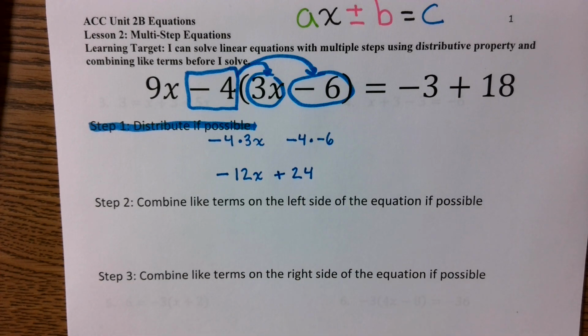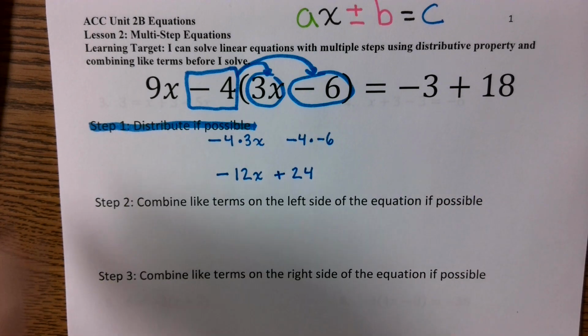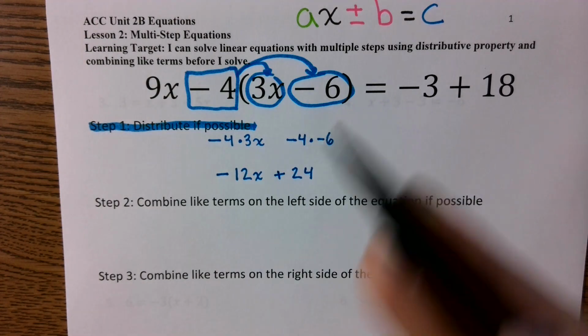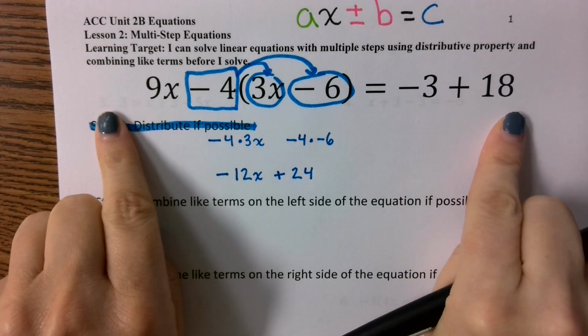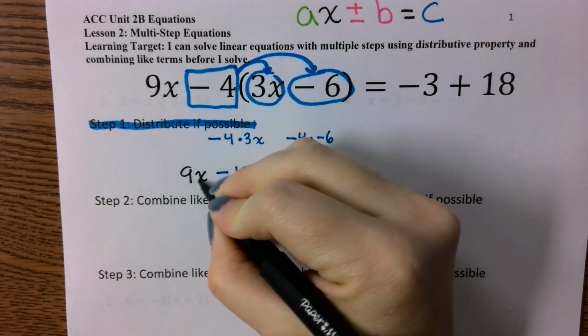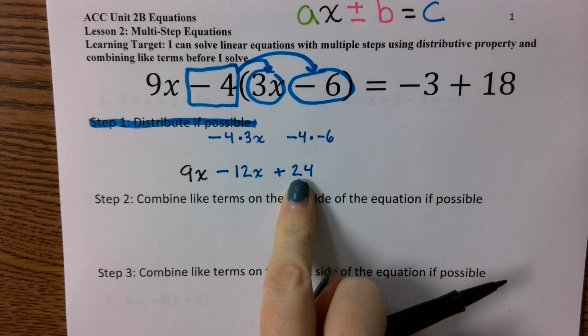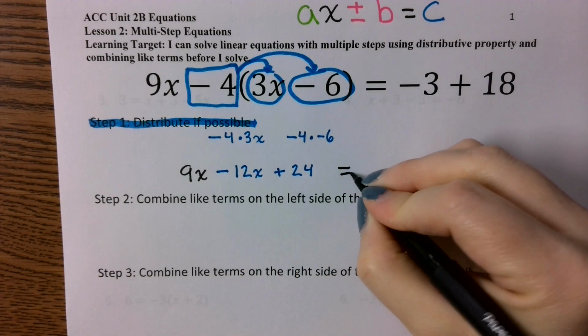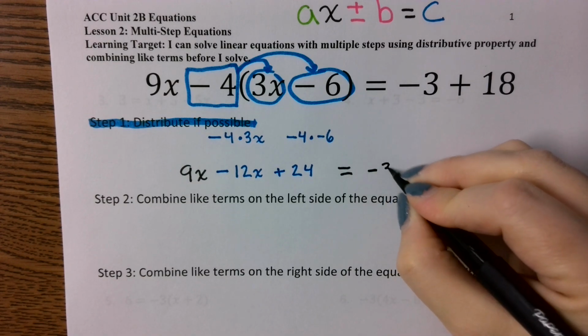But I'm not done because there's all of this other information that did not get distributive property. So that means we're going to bring it down into the expression. Everything that was not used just comes down like so. So we put 9x in front of this distributed term. We still bring in our equal sign, and then -3 plus 18 never changed.